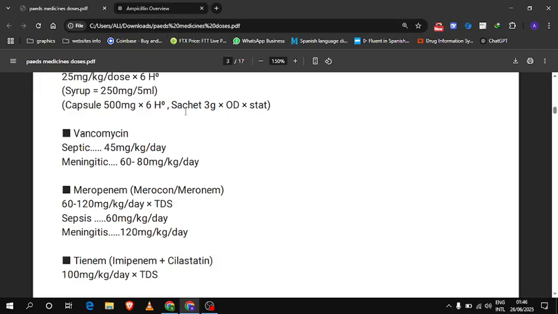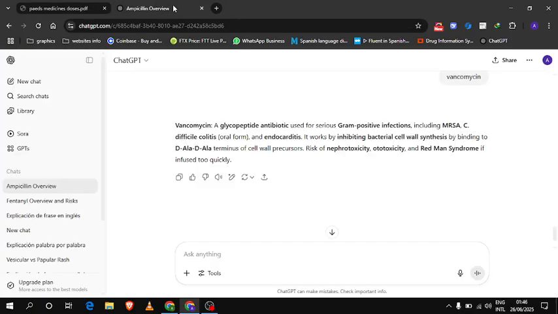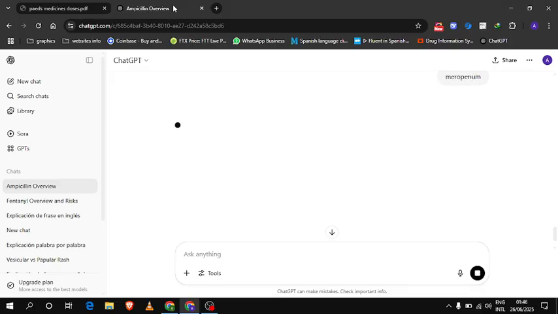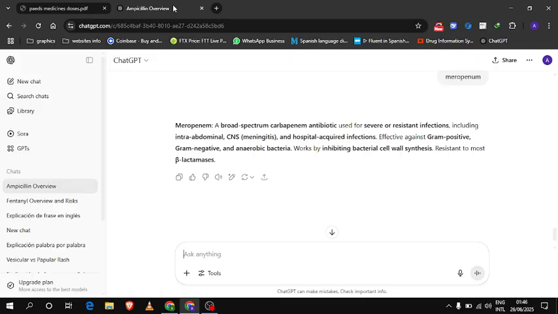Meropenem, which is Meronum. The brand names are Meronum and Merocon. Meropenem, a broad spectrum carbapenem antibiotic used for severe or resistant infections, including intra-abdominal, CNS, hospital acquired infections, effective against gram-positive, gram-negative, and anaerobic bacteria, works by inhibiting bacterial cell wall synthesis, resistant to most beta-lactamases.